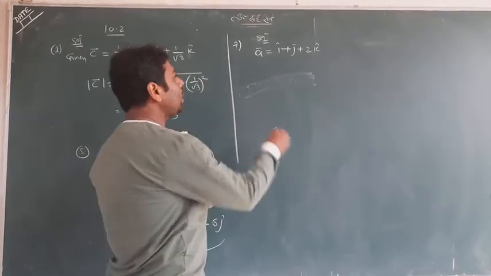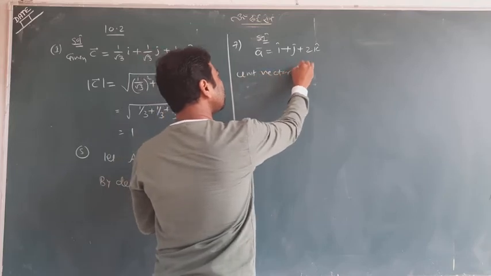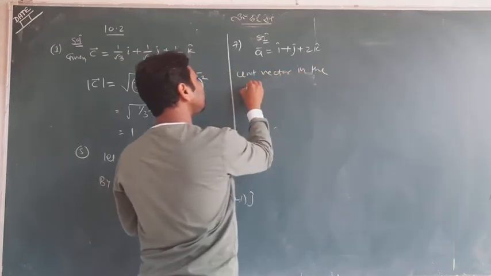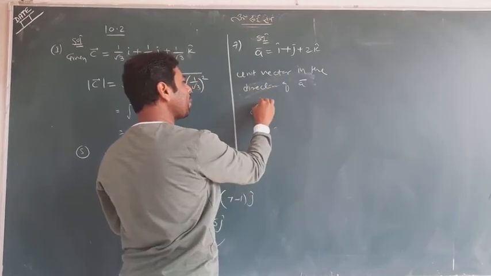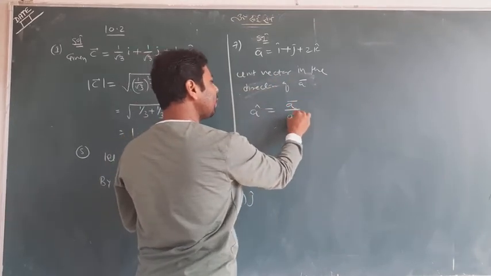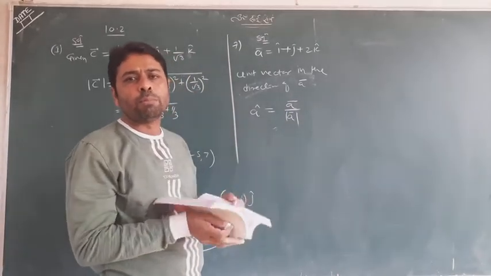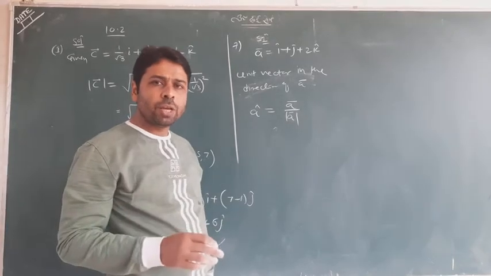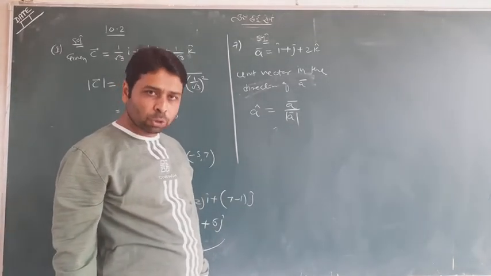I taught you that the unit vector in the direction of A is given by A cap, and you should know the definition: A cap equals vector A upon mod A. It is the definition whenever you want to find a unit vector along or parallel to any vector.